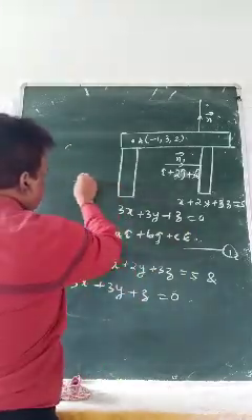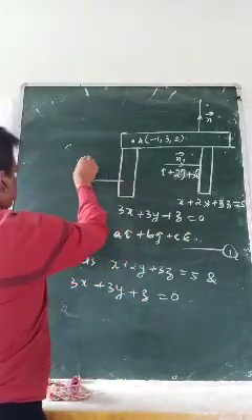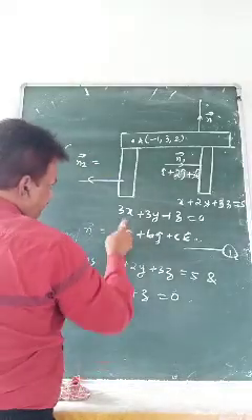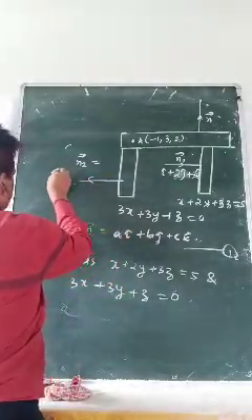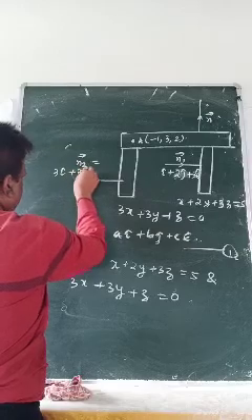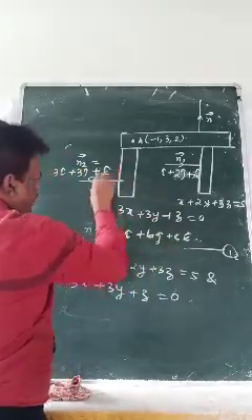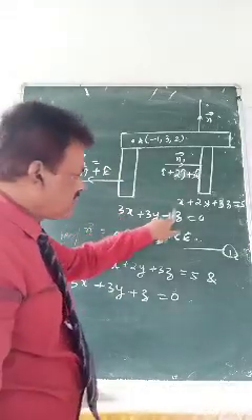Its normal also you find out. N2 will be 3i plus 3j plus k.